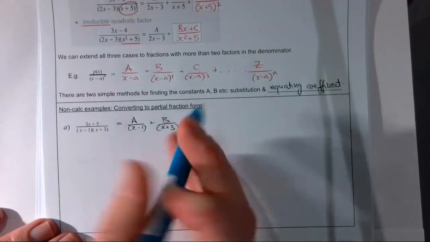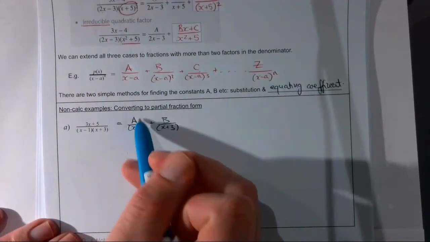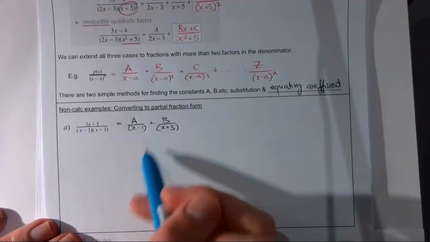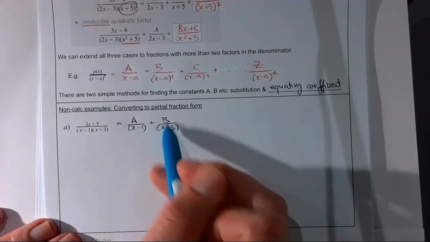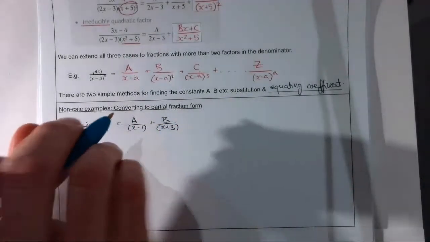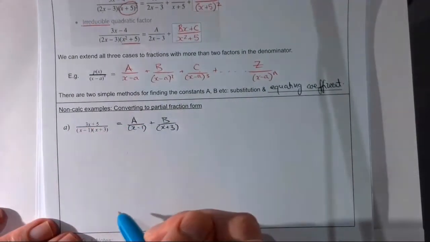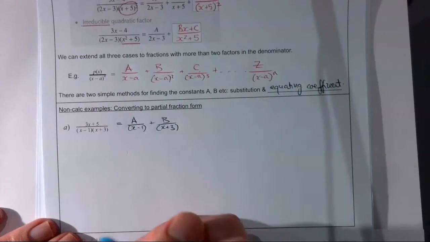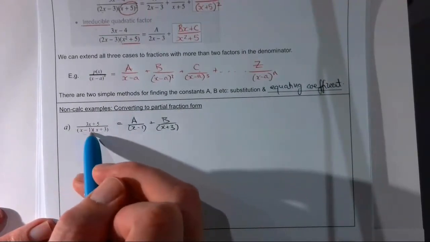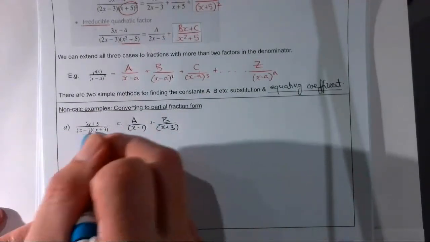I multiply the left hand fraction by x plus 3, so the denominator is x minus 1 times x plus 3, and multiply the second fraction by x minus 1. Overall, that gives me A times (x plus 3) plus B times (x minus 1), all over the same denominator. But I don't need to worry about the denominator, because they're the same.